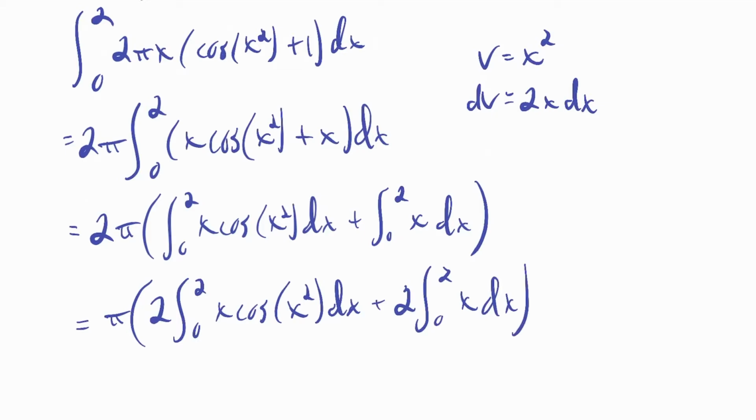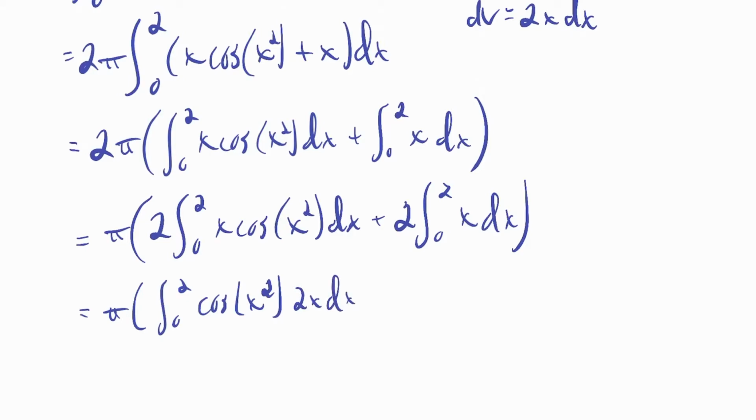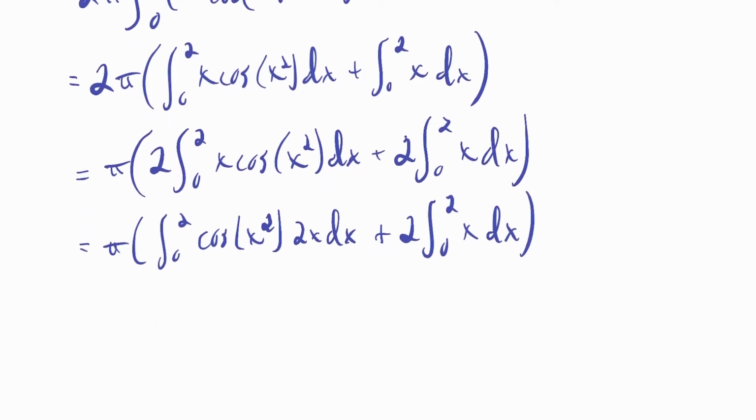Okay. So now I need to move this 2 inside. So I'll have pi times the integral from 0 to 2 of cosine x squared times 2x dx, plus 2 times the integral from 0 to 2 of x dx.